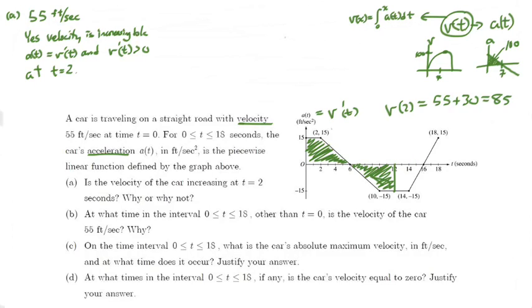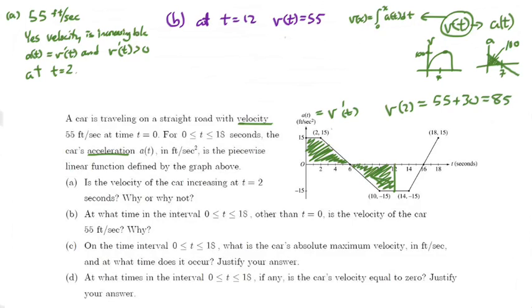So how would we say that for our answer? At what time, velocity, y. At t equals 12, we are going v of t equals 55.